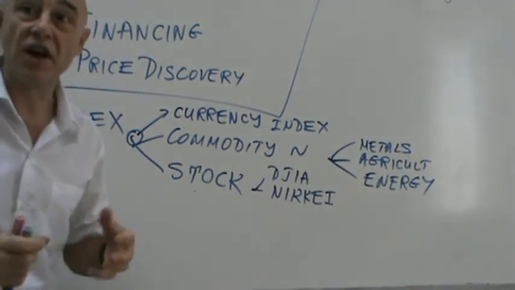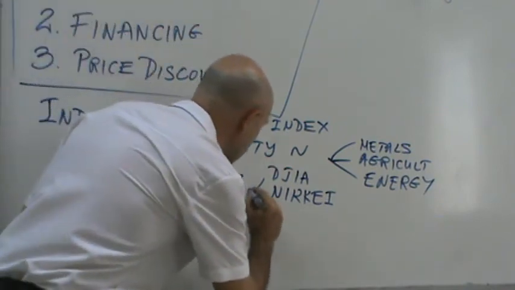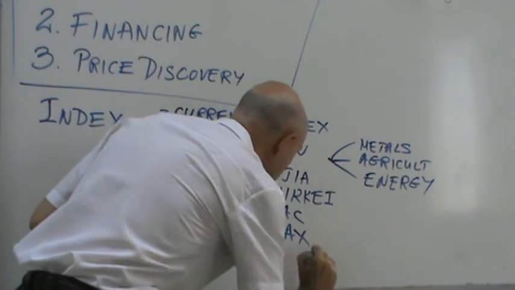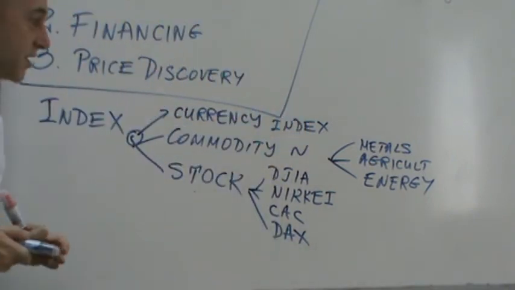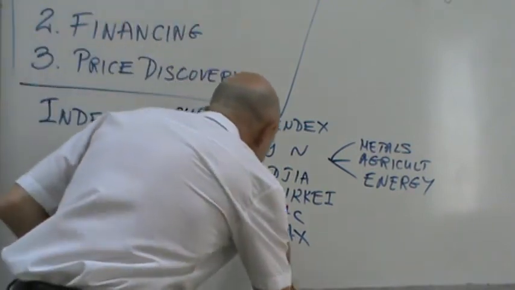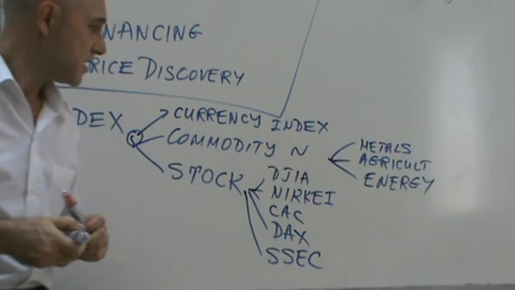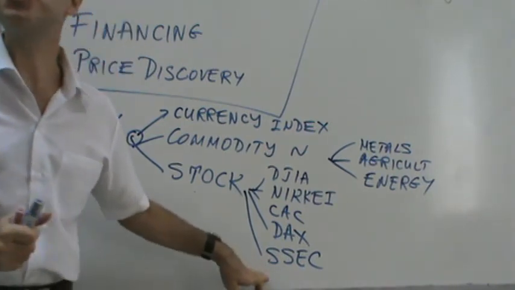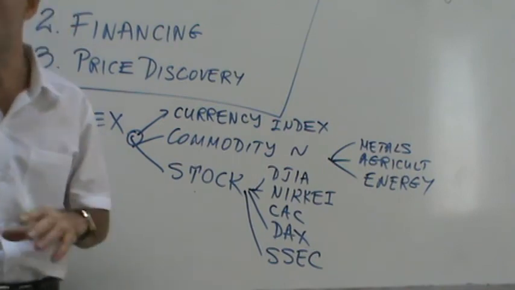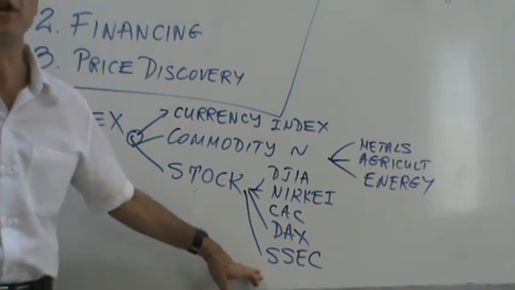Now we have the German index, and the French will be CAC. The German will be called DAX. Okay, so each market has its own. Then there's the Shanghai index, the Shanghai Stock Exchange Index, which is getting relatively more important.